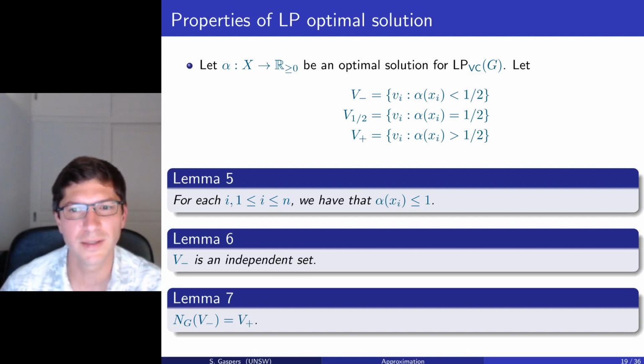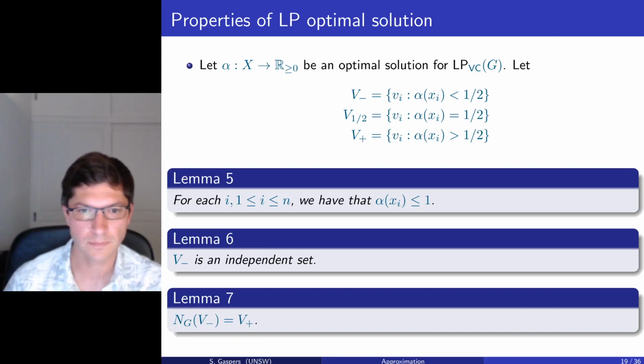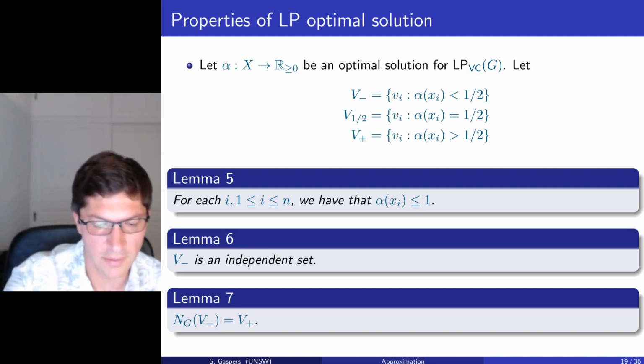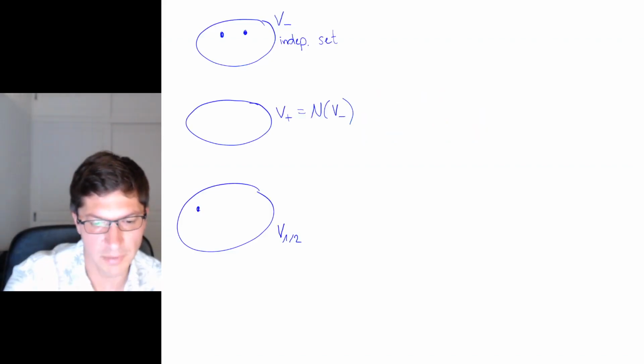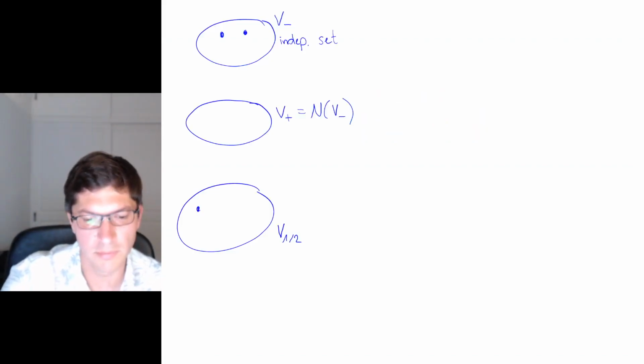We are artificially increasing the objective function, and we don't need to, because no constraint will ever require us to have values that are more than 1. So we said that V minus is an independent set, and also the neighborhood of V minus is V plus.